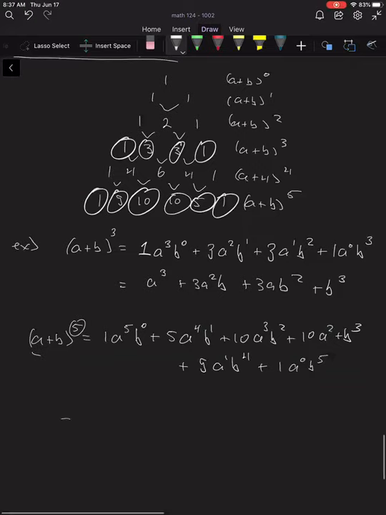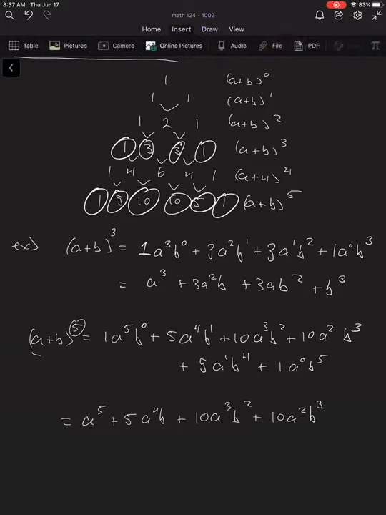So if we were to simplify this, this is just going to be a to the 5, 5a to the 4 b, 10a to the 3 b squared, 10a squared. Oh, sorry, there shouldn't be a plus sign right here. b cubed. Let's move this over so we can write it all in one.